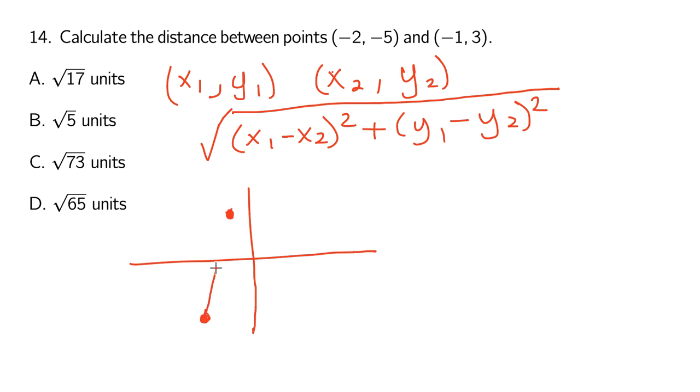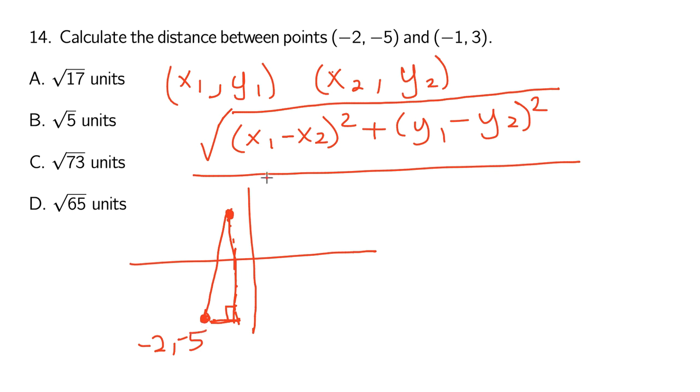So these are your 2 points, and then if you extend or produce the horizontal and vertical lines, you get sort of a right angle triangle. So if you know the length of this leg and the length of this leg, that's how you get this formula. So you can use whichever one you prefer. So you find the distances.